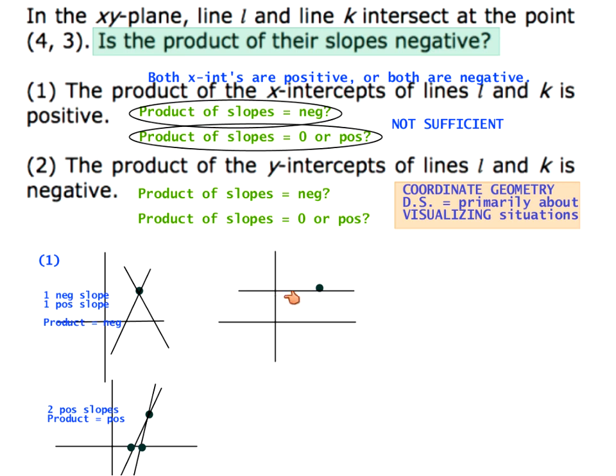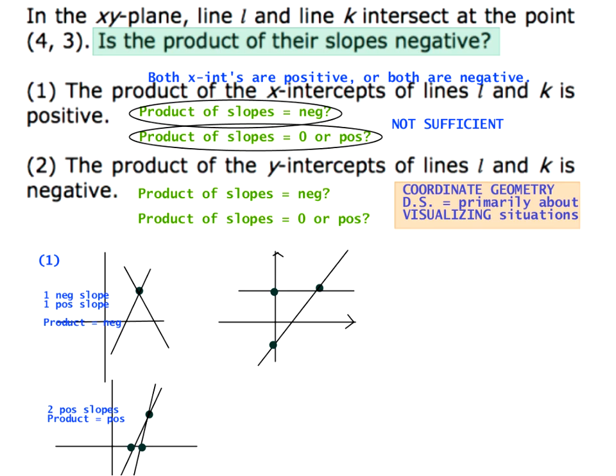There's my positive y-intercept. So let's make sure we know which line is the axis and which line is not the axis. Those are our coordinate axes. I just need to make the other y-intercept negative. So that's doable there.